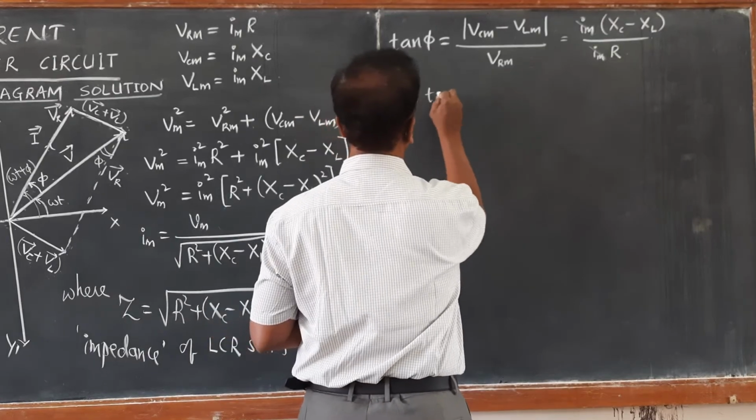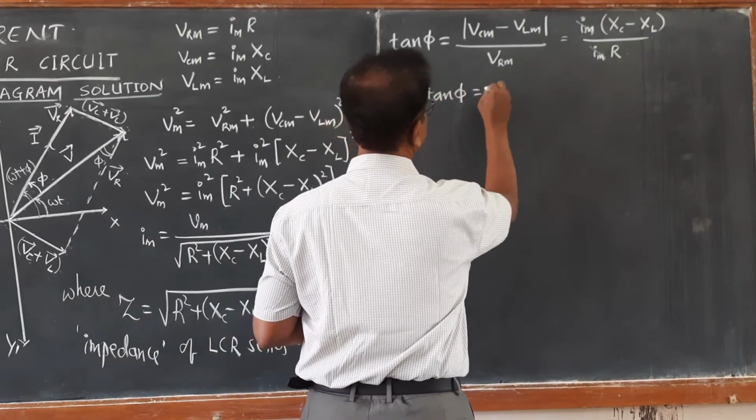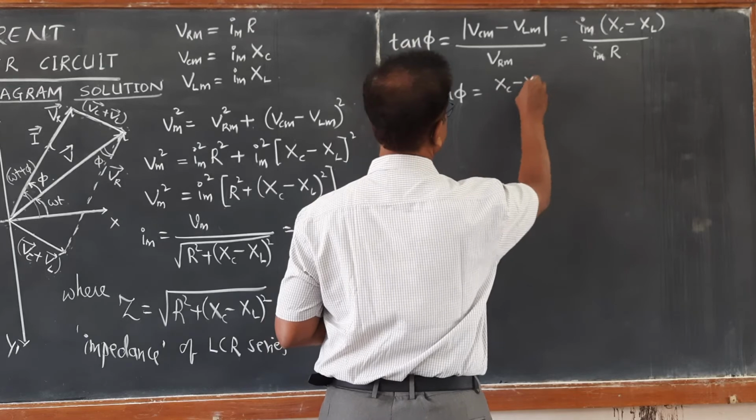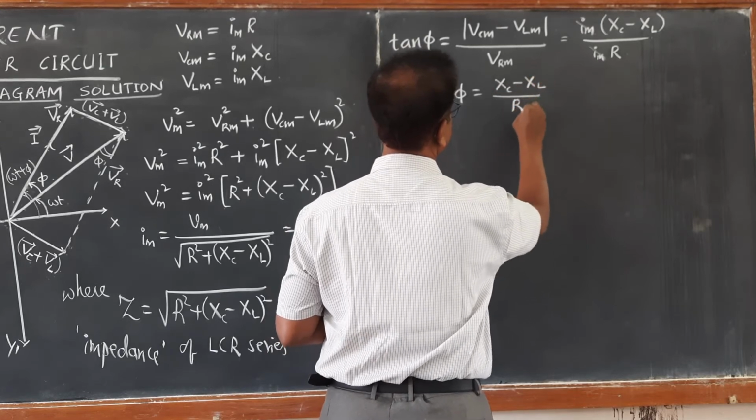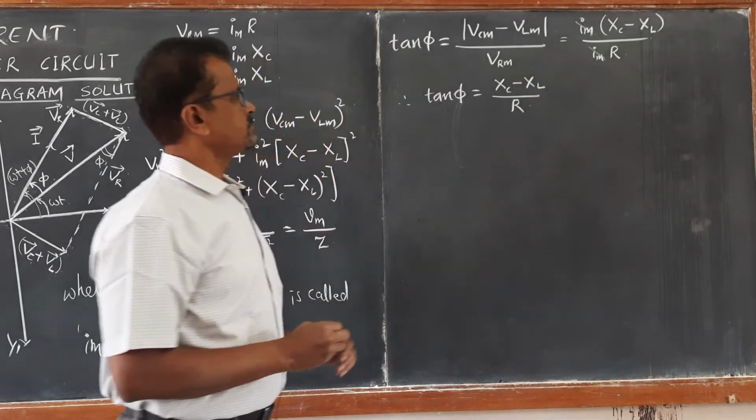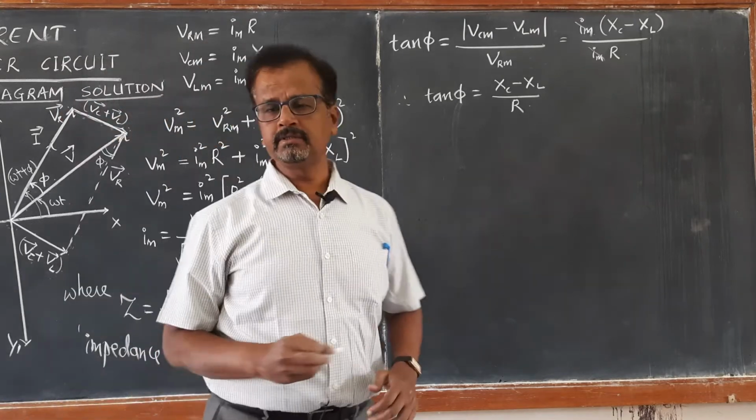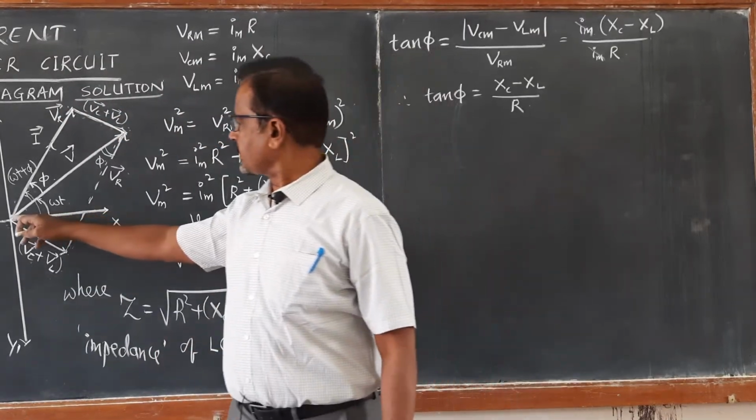Therefore tan phi is equal to XC minus XL divided by R. This is how we can find it using this right angle triangle.